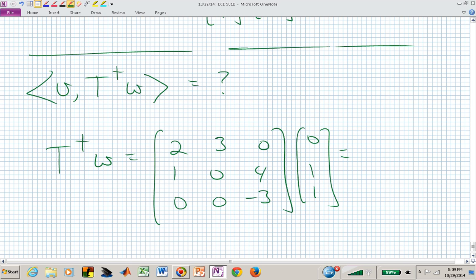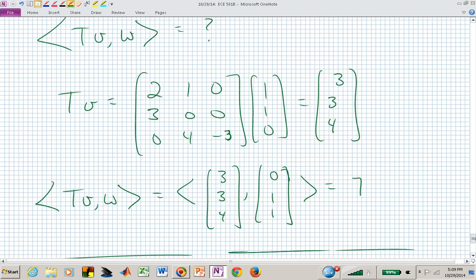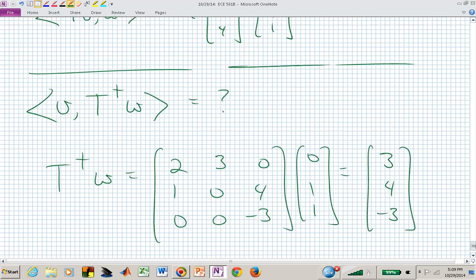Again, because of the nice property of these vectors that I picked, now I simply add up the last two columns of that A dagger matrix. And that's definitely not what we had when we had TV, was it? 3, 4, minus 3 is not 3, 3, 4.